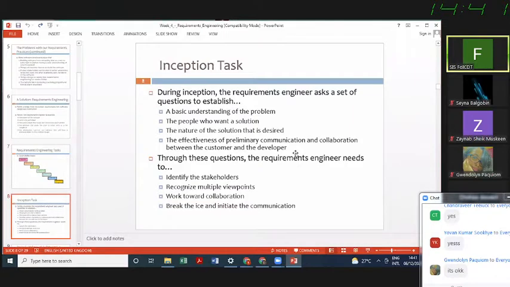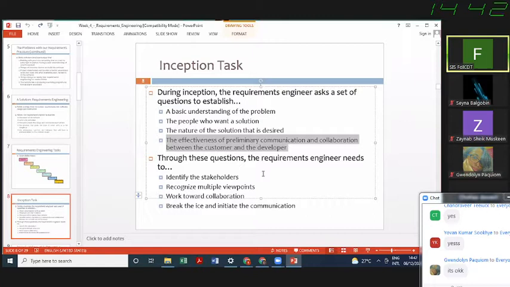You need to establish the people who want a solution, the nature of the solution that is desired, the effectiveness of preliminary communication and collaboration between the customer and the development team. Okay, so here, the requirements engineer has to ensure that we have an understanding of the problem, the people involved, the nature of the solution, communication happening, collaboration happening.